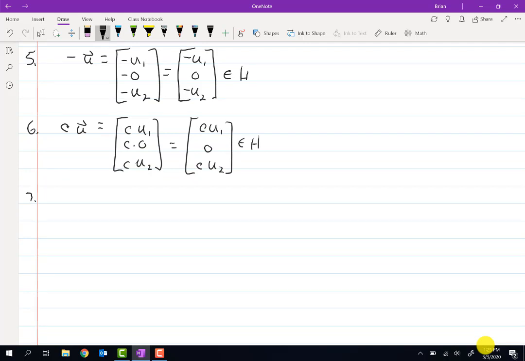Let's see what happens when I take C plus D, these are scalars, and multiply it to my vector. So I have C plus D times U1, C plus D times 0, C plus D times U2.